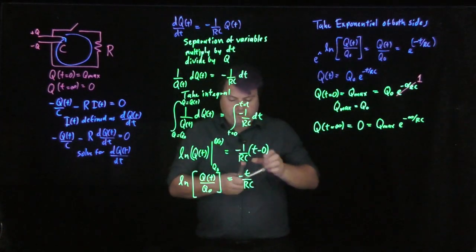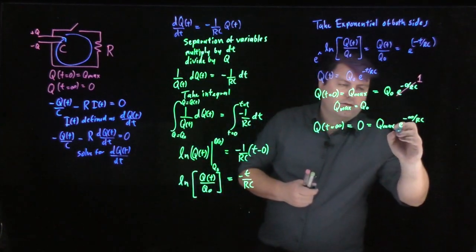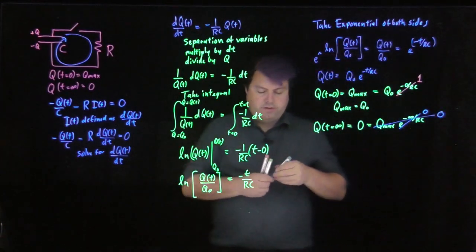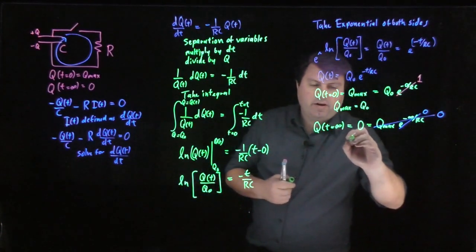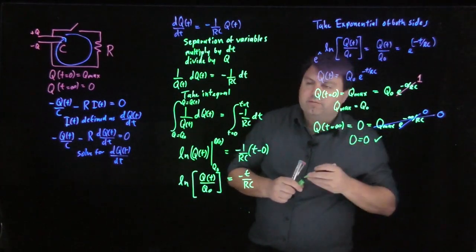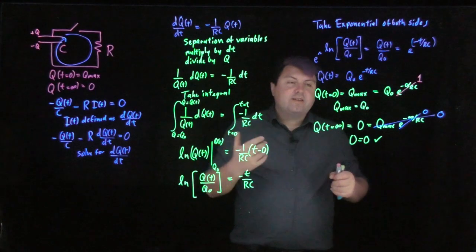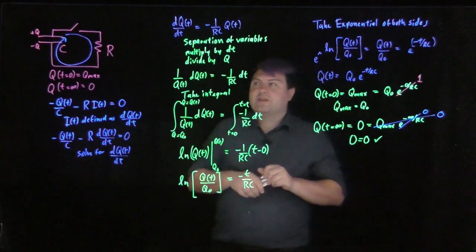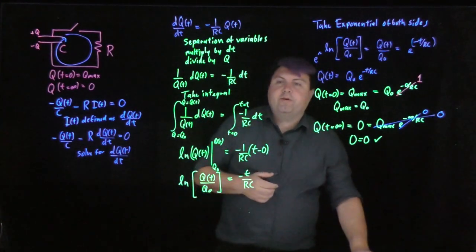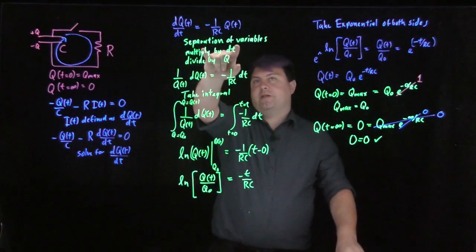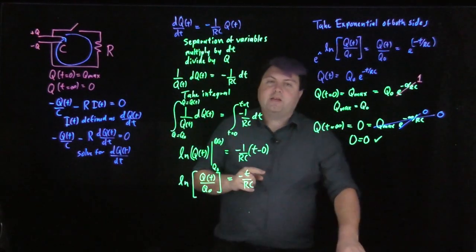E to the negative infinity will get me that all of this goes to 0, which means all of this goes to 0. And I get very nicely that 0 is equal to 0. Not necessary, but certainly heartening to know that all of this works. So this is one way that we are going to solve these differential equations, is by doing a separation of variables and then taking integrals.